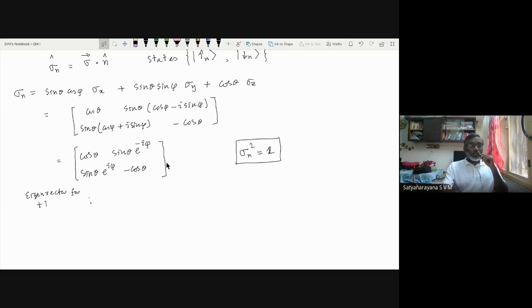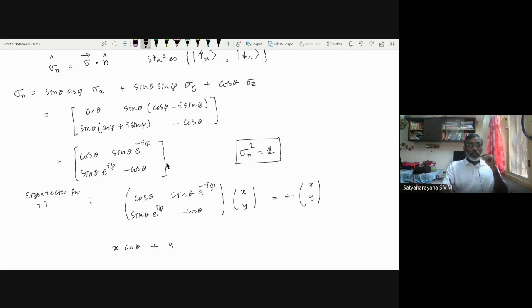Let's say I have the matrix cos theta, sin theta e to the minus i phi, sin theta e to the i phi, minus cos theta, acting on x y, equal to plus 1 into x y. That is my eigenvalue equation. This x and y are not coordinates, so please don't get confused with that. If you want, you can put some other symbols, maybe alpha, beta.